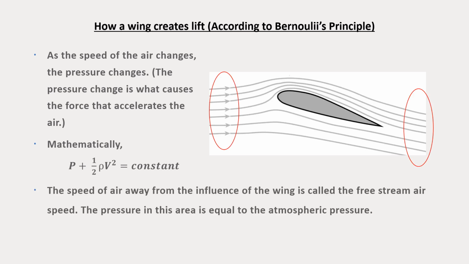So the speed of the air relative to the wing, but outside of the influence of the wing, is what we call the free stream airspeed. And the pressure at this point, away from the influence of the wing, is the atmospheric pressure that we would measure with a barometric pressure instrument.